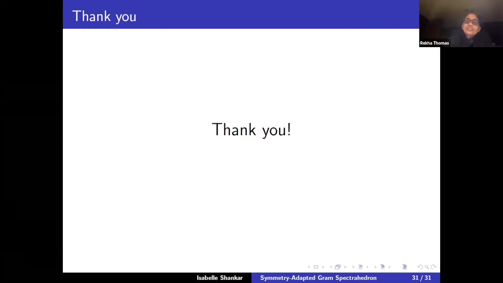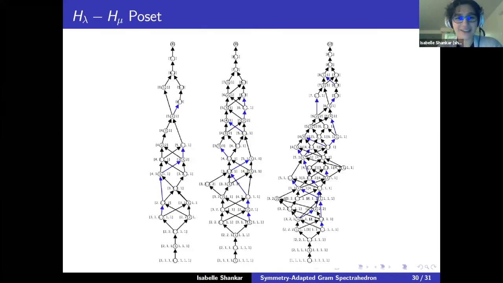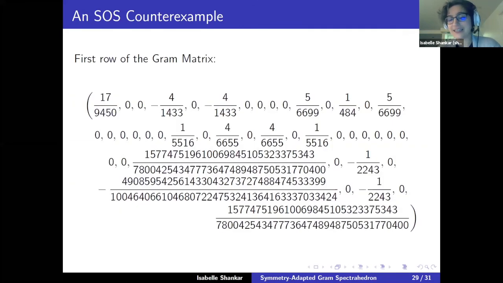So did you use your symmetry adapted Gram spectrahedra, or did it come later? Yeah, so you'll notice that the first row of the Gram matrix is not really block diagonalized. We used the first step of the reduction, so we were only optimizing over matrices that commute with the appropriate matrix representation, but we didn't block diagonalize at the time.